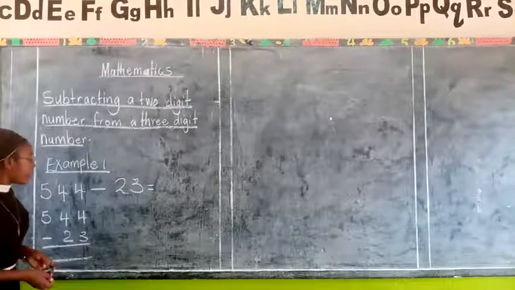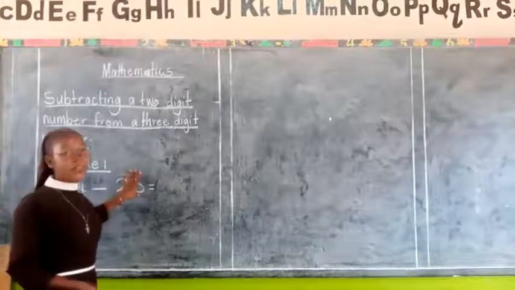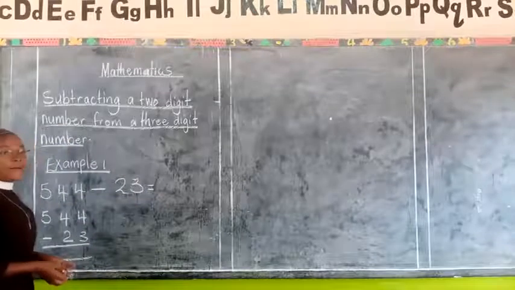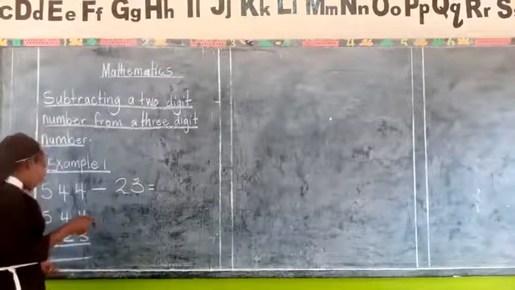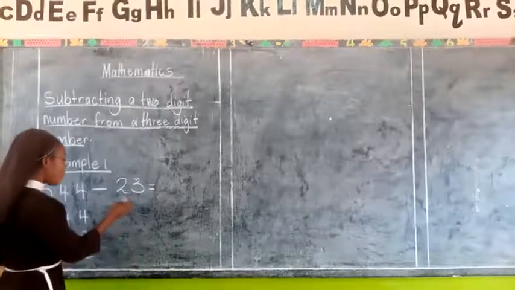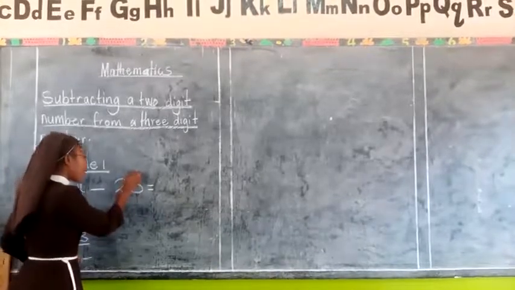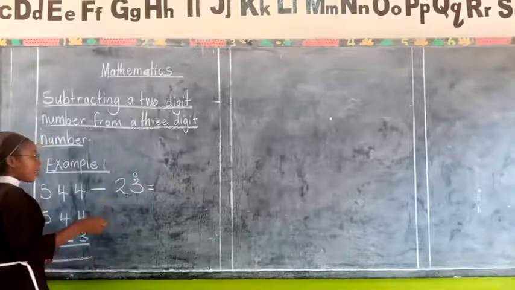We said this is a 3-digit number and this is a 2-digit number. On every number the first place value is usually the ones. So when we come here, this will be our ones, represented by letter O.